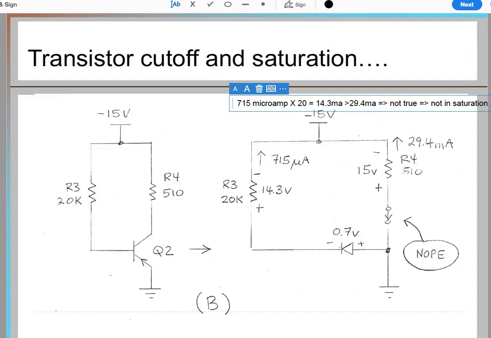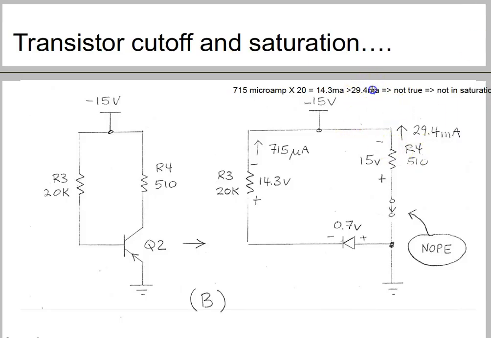So this particular example says that this is not in saturation mode, which means we cannot conclude that our transistor is in saturation. We can neither say that this transistor is in saturation mode nor in cutoff mode, because you know that in cutoff mode you get zero currents.